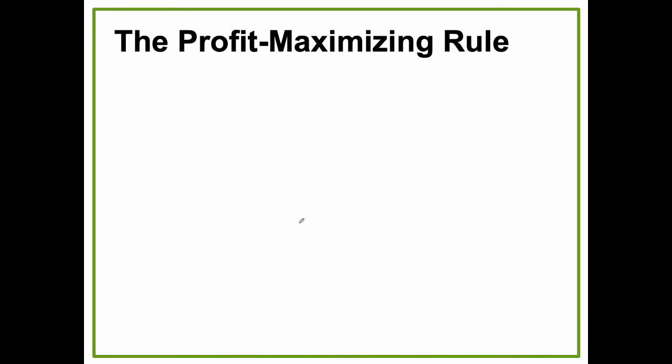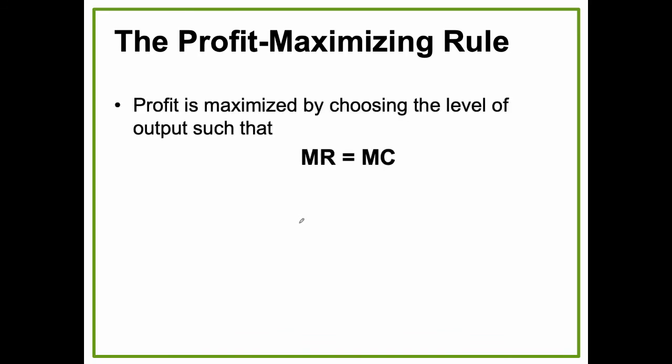And lastly, this will be our jumping off point into our next area of discussion. And I'll explain more about this later. But here is the thing that you want to focus your attention on. This is sort of the big, giant takeaway from firm decision making.